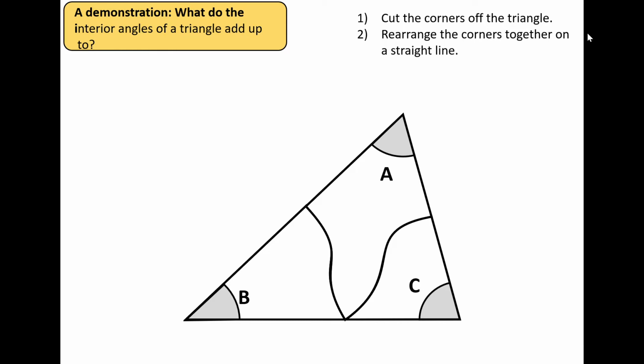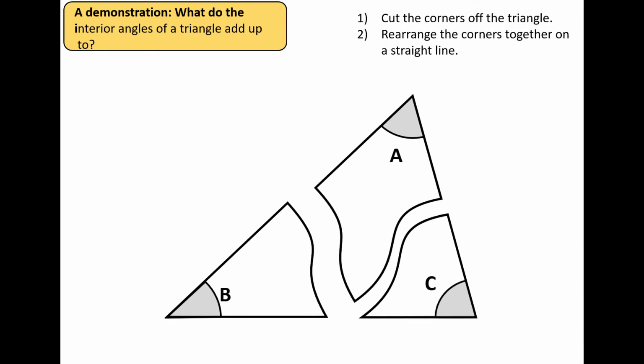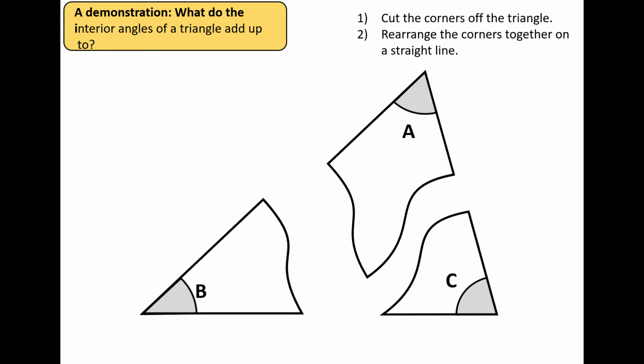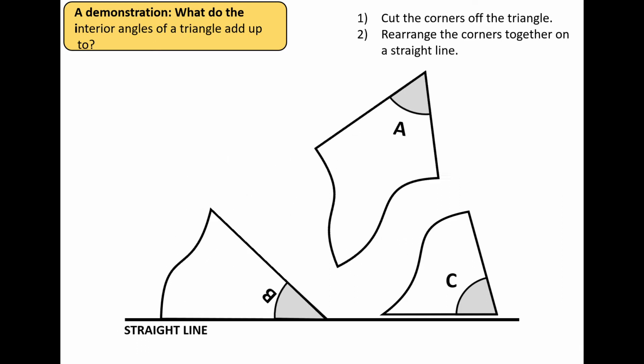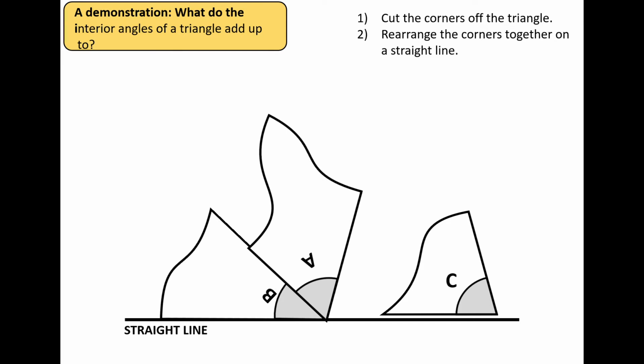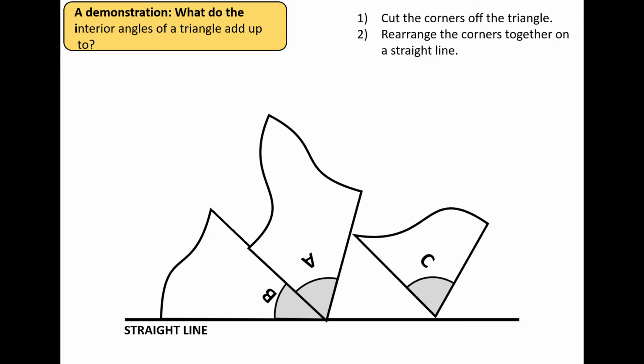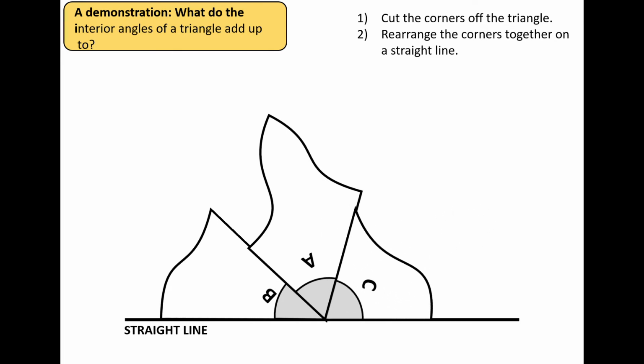So first of all, we're going to look at what the interior angles of a triangle add up to. If you look at this triangle on the screen, if we were to take off the corners and separate it and then rearrange the corners onto a straight line, what we should find, and you can try this at home with a bit of paper, is that they form a straight line.